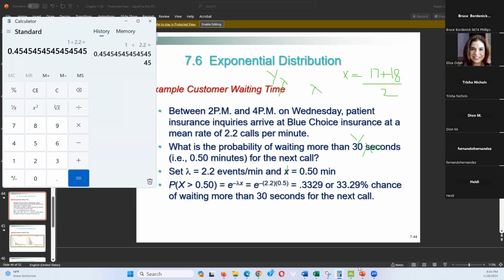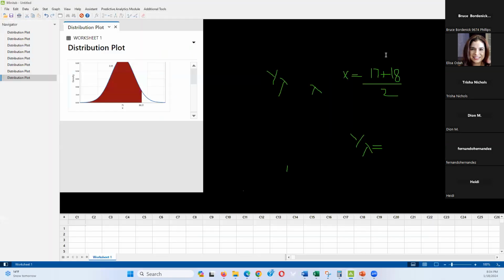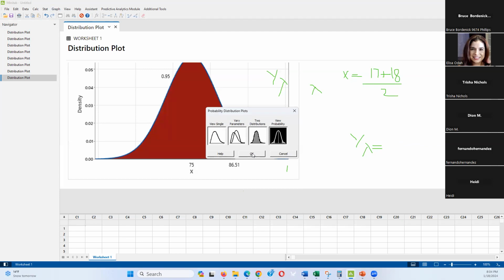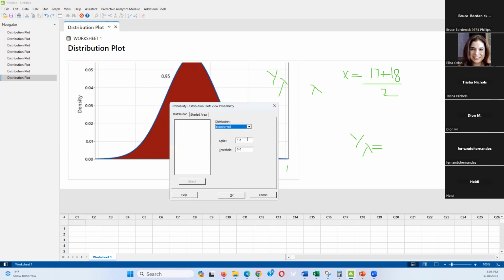Now let's do it. I go under graph, probability distribution, and look into this. I go under exponential. And now here the scale is 0.4545.